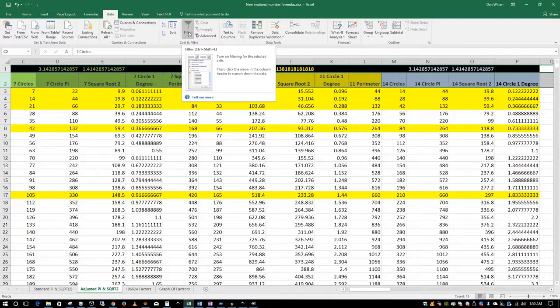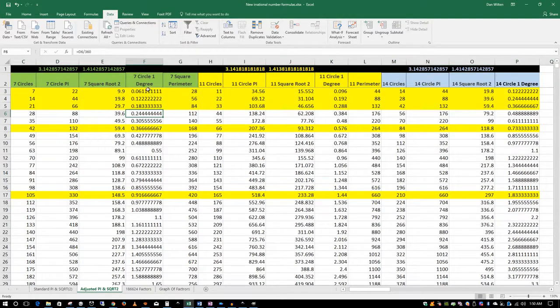It's really interesting to see it all happen. The only thing I've noticed is that where the degree is on the 7 and on the 14, you still have these repeated numbers. For the 1 degree on the 11 circles, you don't have the same kind of thing going on, which is really interesting.